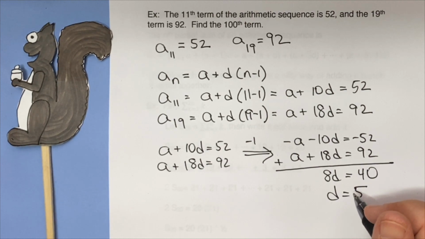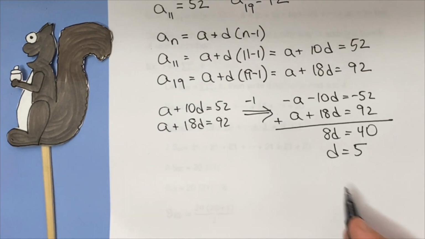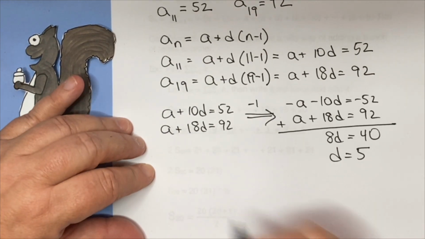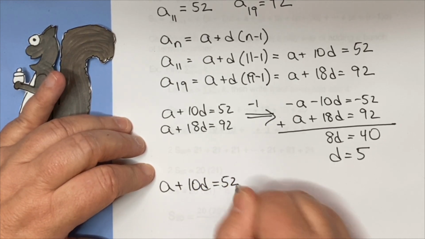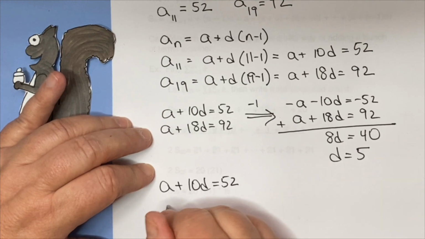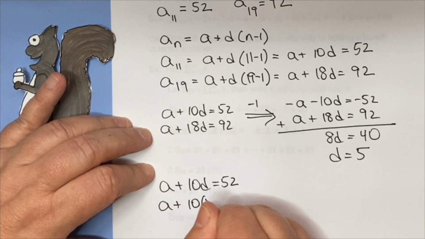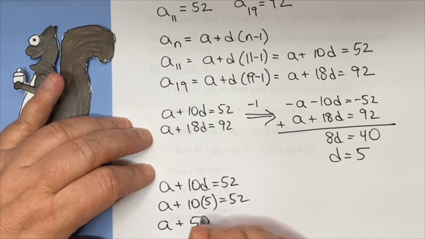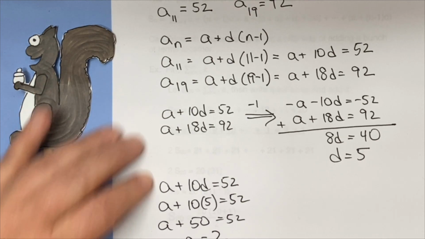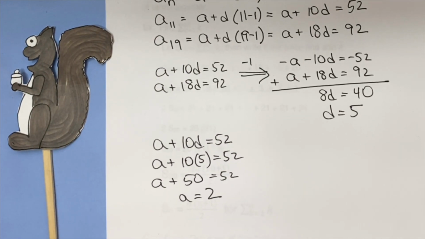System of equations. And then if d equals 5, then I can go back to a plus 10d equals 52. So then if d equals 5, a plus 10 times 5 equals 52. A plus 50 equals 52. So a equals 2. Oops, sorry, you can't see that.